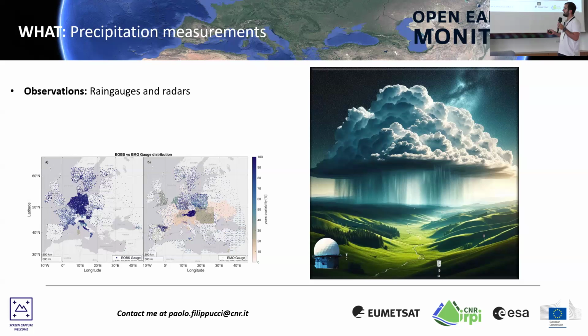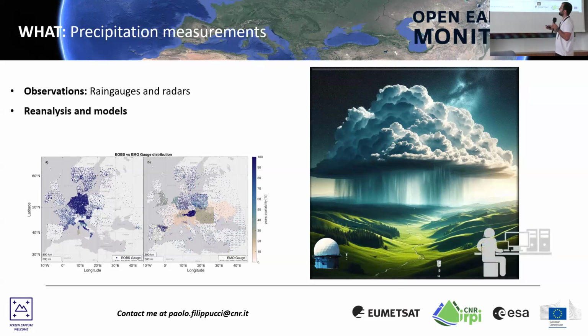And we can see that even if Europe is already an area with very dense gauge data, there are a lot of holes in these patterns. We miss some data in the Po River Basin. We miss a lot of data in Spain. East Europe is practically empty. So we have to do something in the areas in which we lack data.